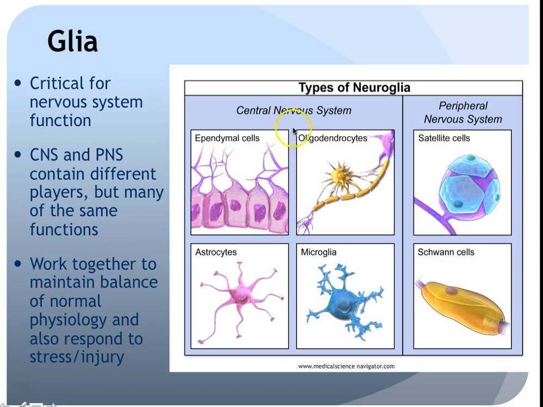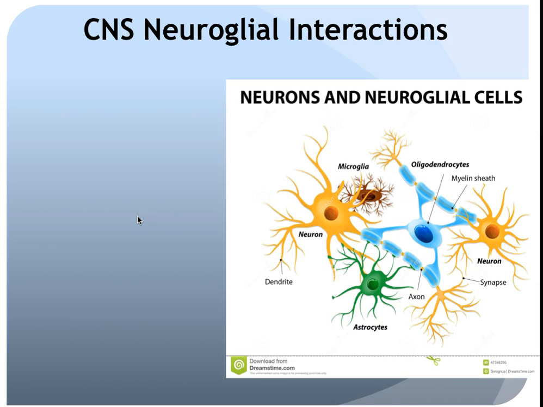Okay, so we got a couple more players in the CNS, and they're pretty cool ones, but really all of these cells work together and they form a network and they all support each other and their functions are connected. You really can't think about the nervous system without thinking about glia, and certainly not the central nervous system.